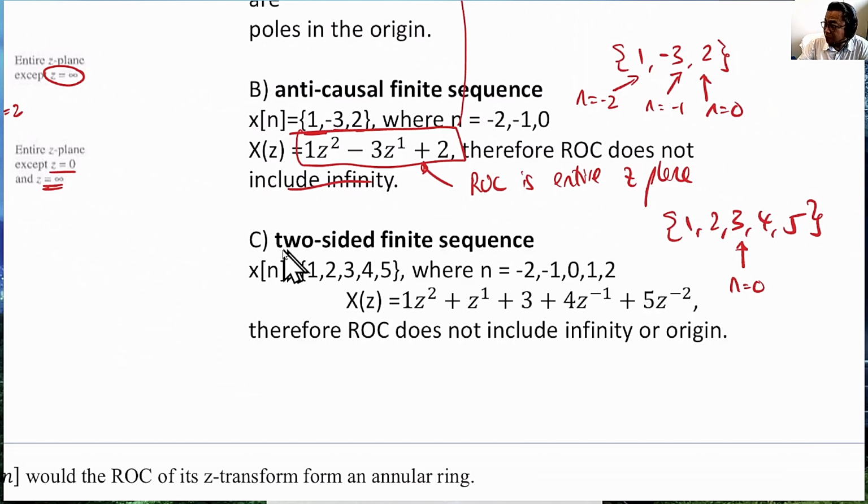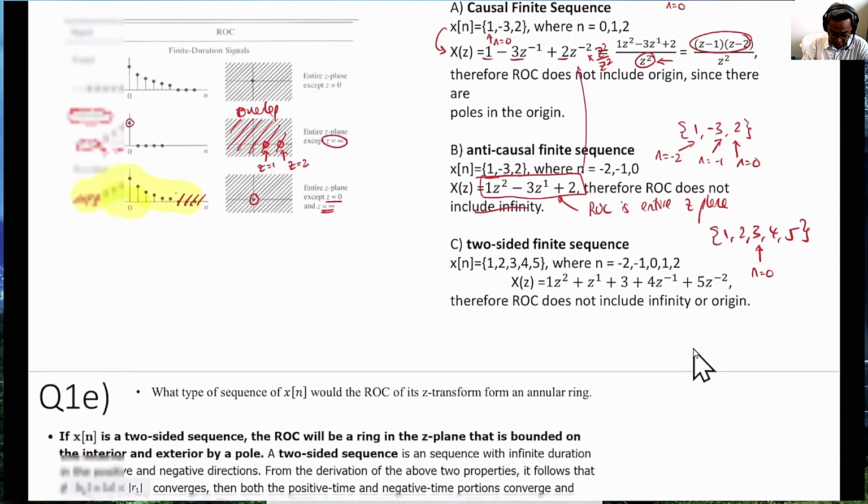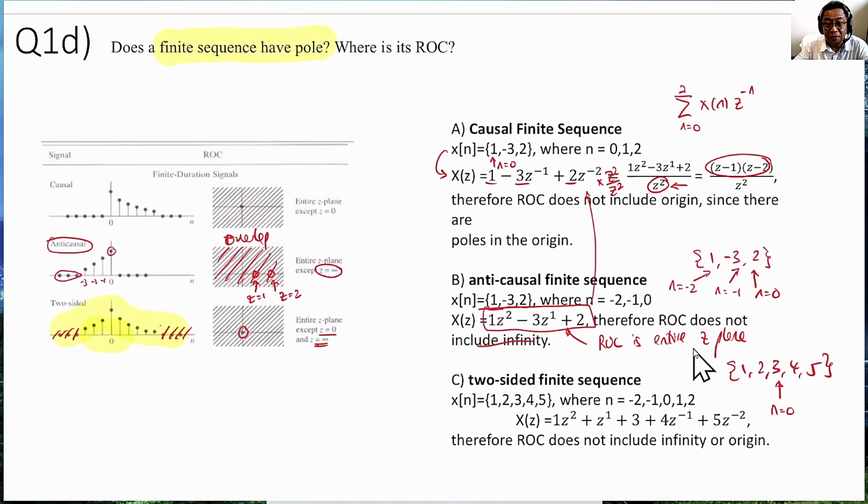The Z transform of this sequence is this, and now it is obvious that when z is infinity, X(z) becomes infinity. When z equals 0, then this term becomes infinity, and this term also becomes infinity. Therefore, again, we realize that the ROC is the entire z-plane except at infinity or the origin. Thank you.